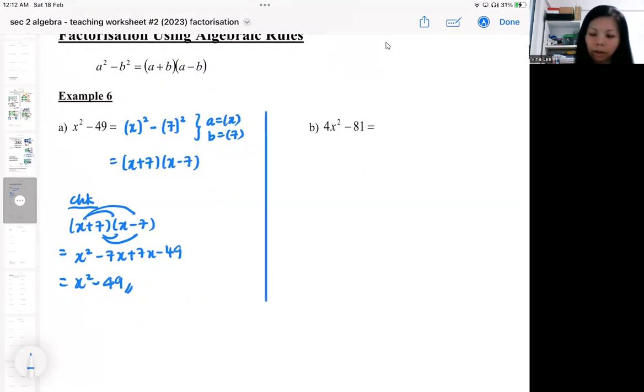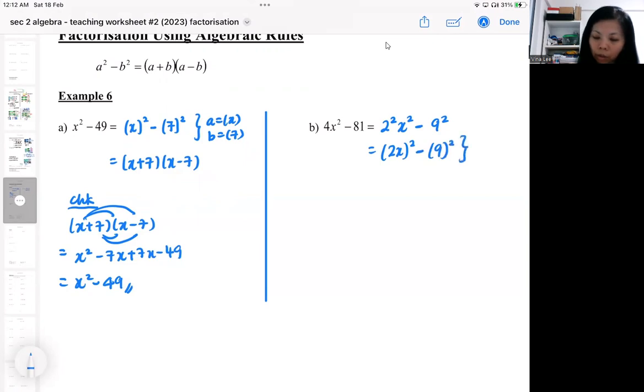For this one, I show you the correct answer first, and then the typical wrong answer that people will give. Here, 4 is a perfect square, and 81 is also a perfect square. So you gather the double square: 2 squared and x squared will become (2x) squared with a bracket.